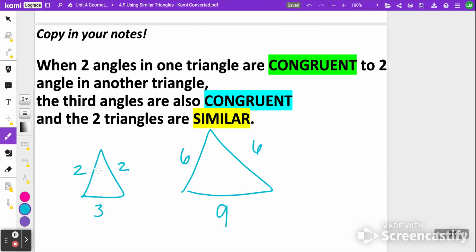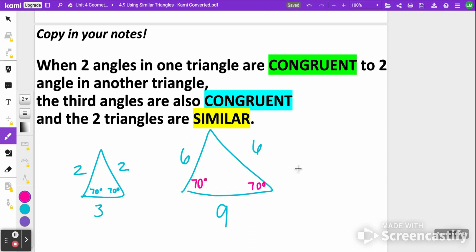Let's say that we have 70 degrees here and 70 degrees here. Because these two triangles are similar, that automatically means these two angles should also be 70 degrees. And then the third angle will also match.